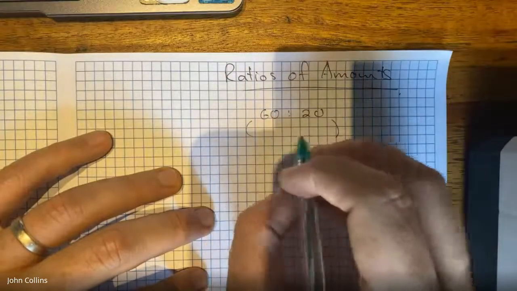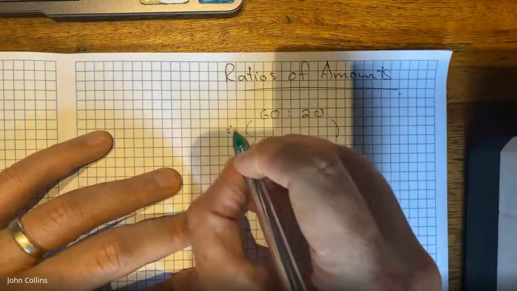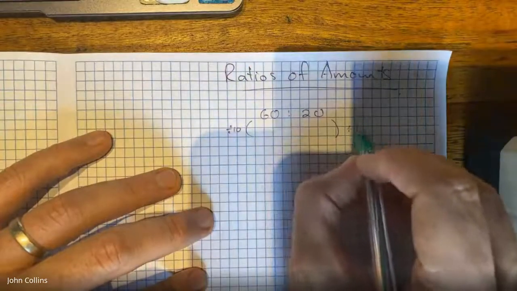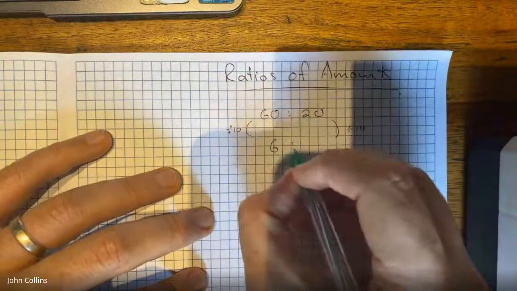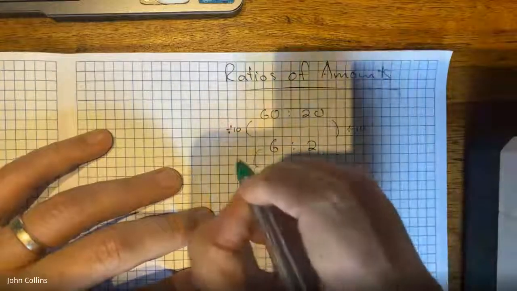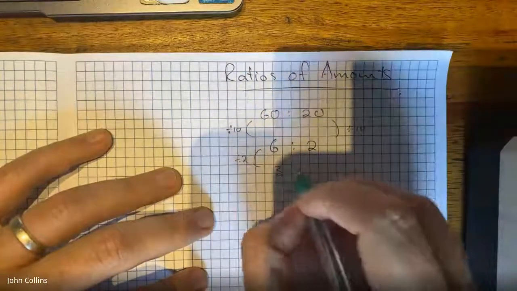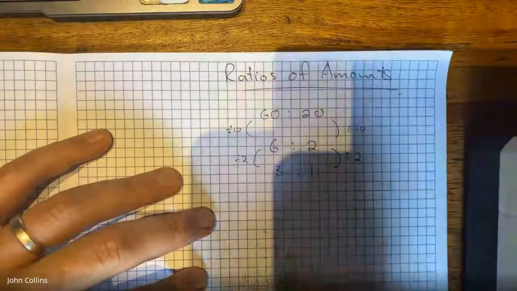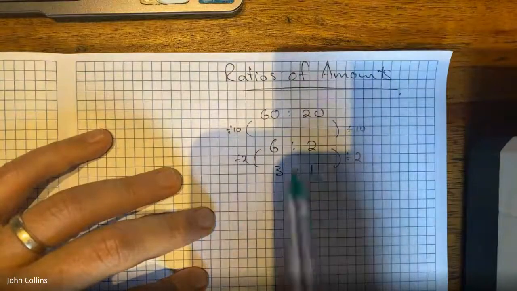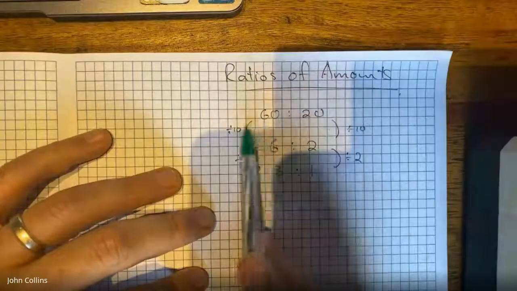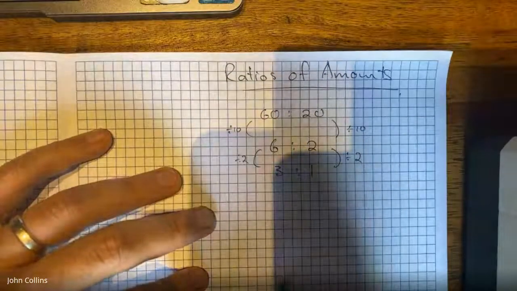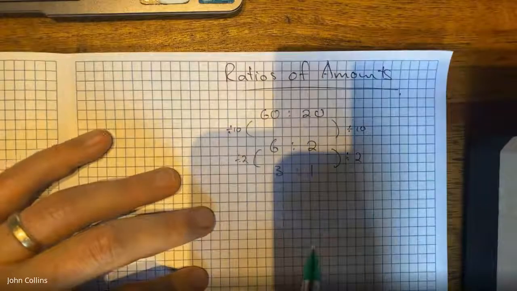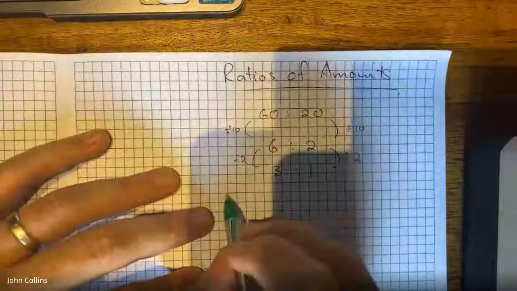It's a bit like equivalent fractions. So if I divide both sides by 10, because I know they both end in 0, that'd be 6 to 2. Oh, I can divide by 2 again, and that gives 3 on this side, and dividing by 2 on this side gives 1. So I've fully simplified. As long as I do the same operation to both sides, it's okay, because I haven't changed the ratio.